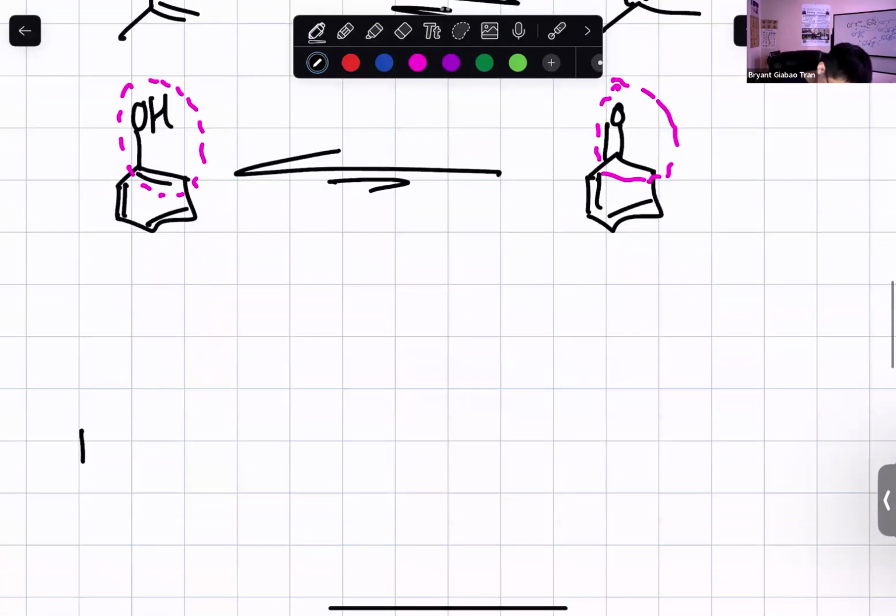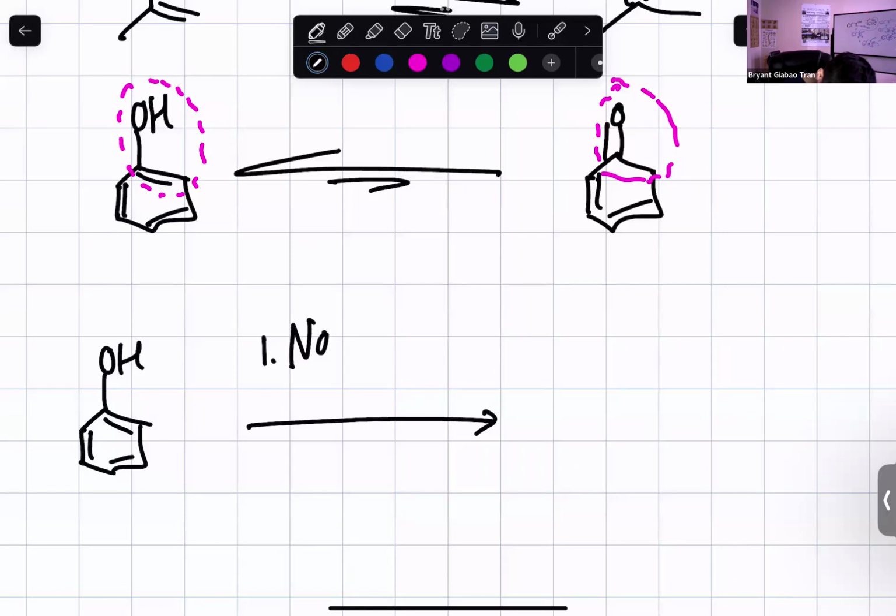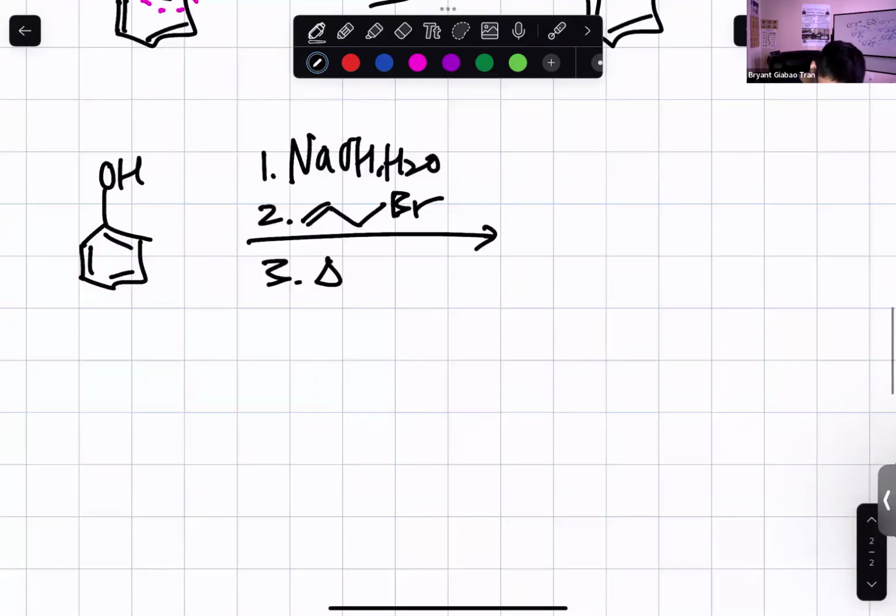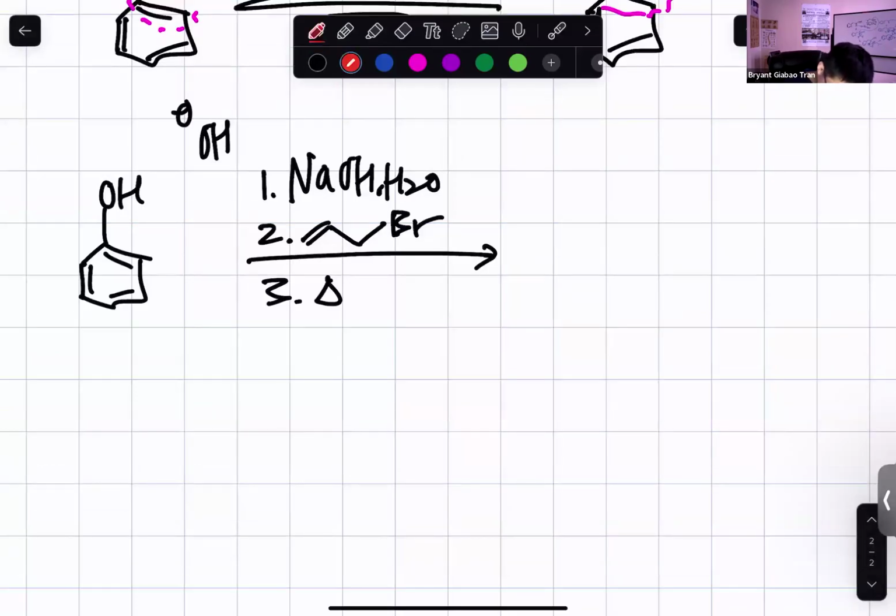So if I give you let's say these three reagents. First step, NaOH, water. Second step, bromine. Third step, heat, high temperature. The first step is to deprotonate the alcohol to make that negatively charged oxygen.